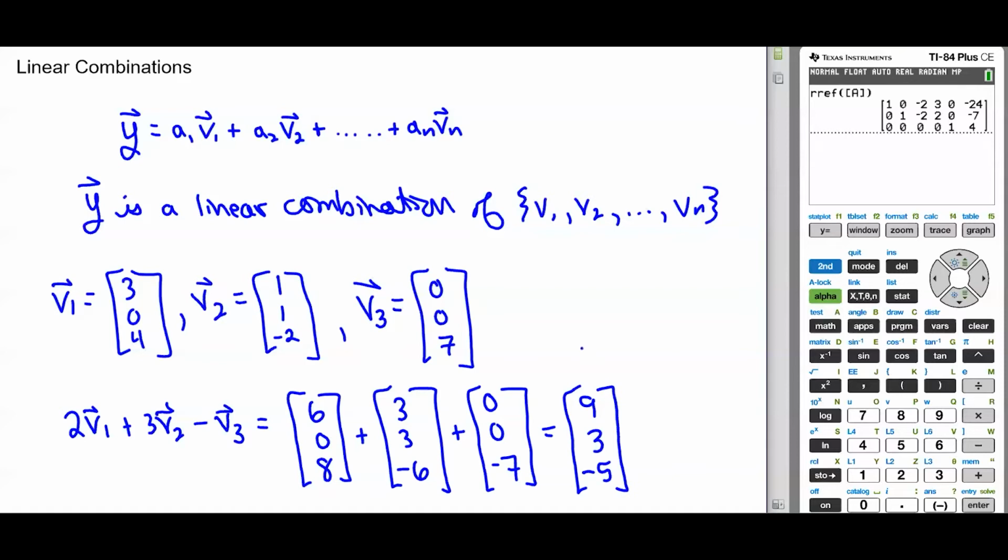So this vector here, we'll call this y. This vector is the result of combining these three vectors together in a particular combination where we picked some scalars and combined them to get this new vector. So we say y is a linear combination of v1, v2, and v3.